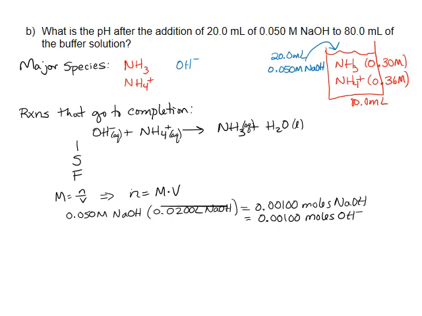What about the ammonium ion? Well, it started at 0.36 molar, and this 0.36 molar was in 80 milliliters of solution.